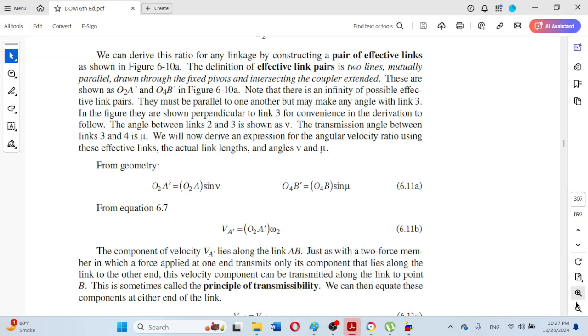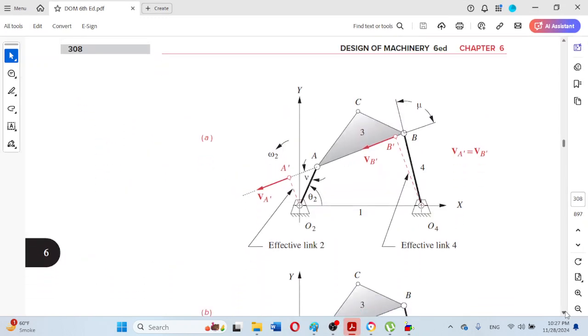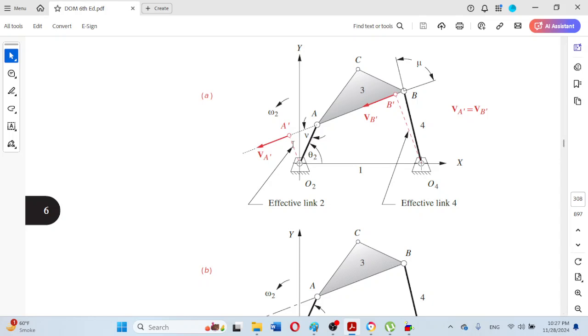As we can observe here, if the angular velocity of this crank link or the physical input link is omega, that means the angular velocity for O2A dash will also be omega. So O2A dash is R in V is equal to R omega, and omega is actually omega 2.